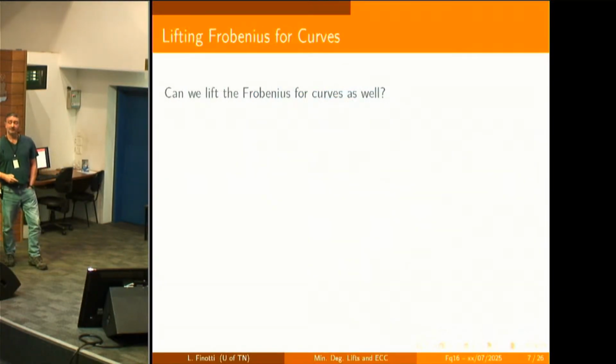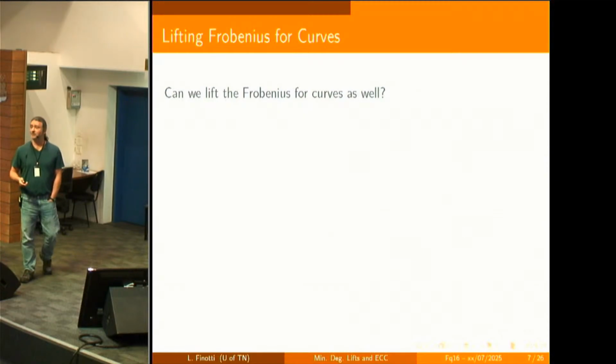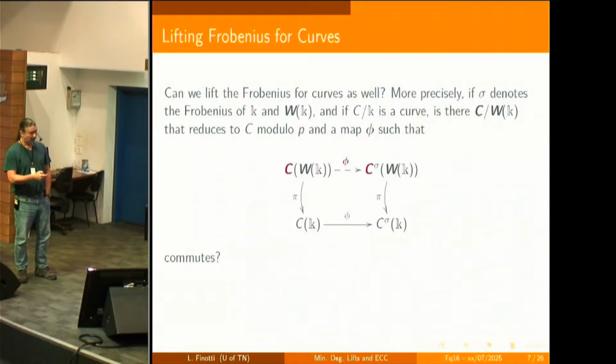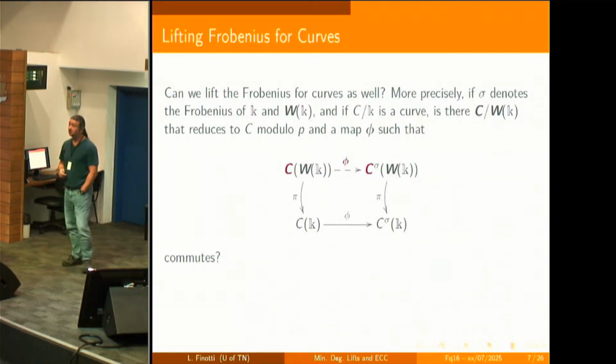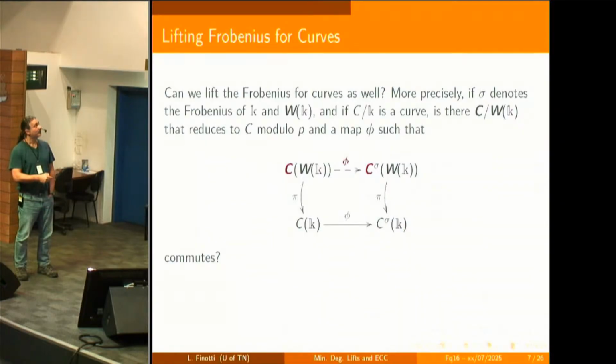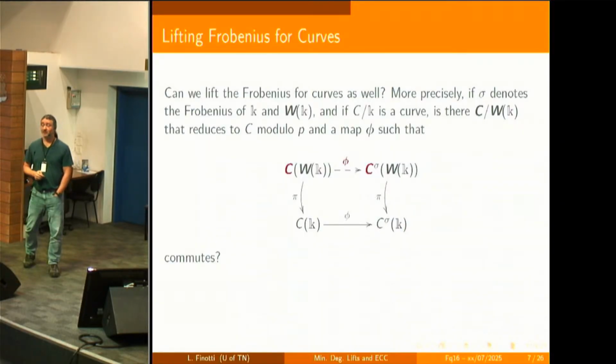Now, can we do something similar for curves? And what do I mean by that? Again, you start with a curve over your perfect field in characteristic p, and we have the natural Frobenius in characteristic p. So the question is, can I find a curve over the ring of Witt vectors that reduces to my original one?